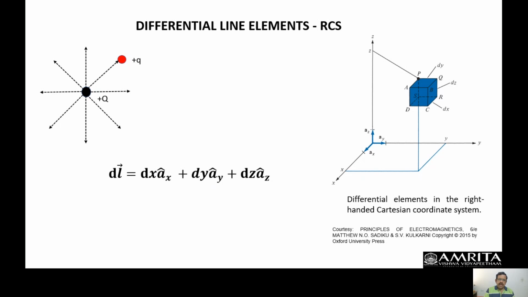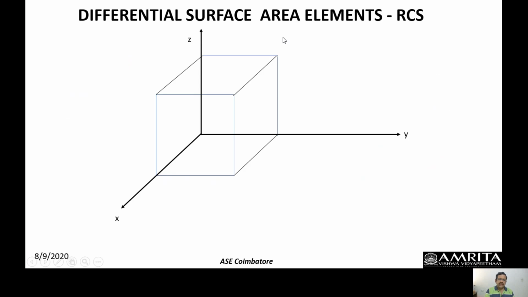The importance of the line element can be understood when we calculate the energy stored in an electric field, or the work done in bringing a test charge and placing it in space against a source field, and this is exemplified in this diagram.